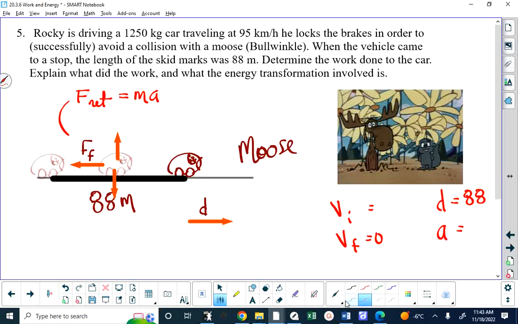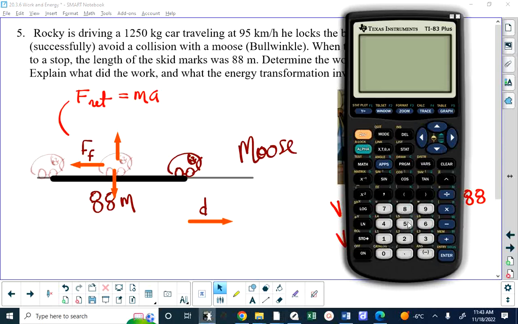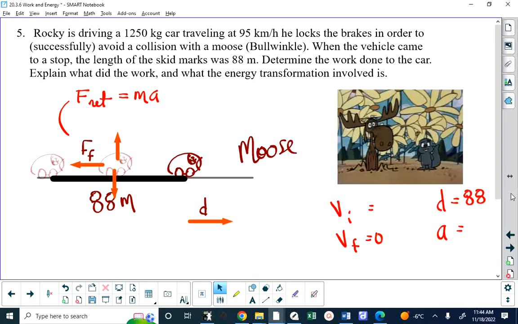What do we have to remember about the 95 kilometers per hour, though? Jay? Right. We want meters per second, so we're going to divide that 95 by 3.6. So 26.38 repeating.